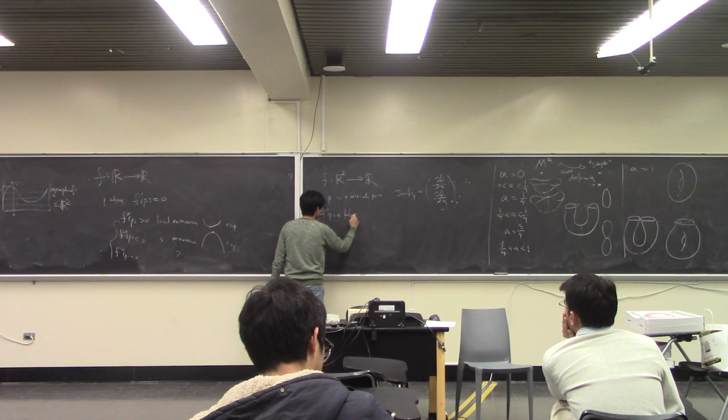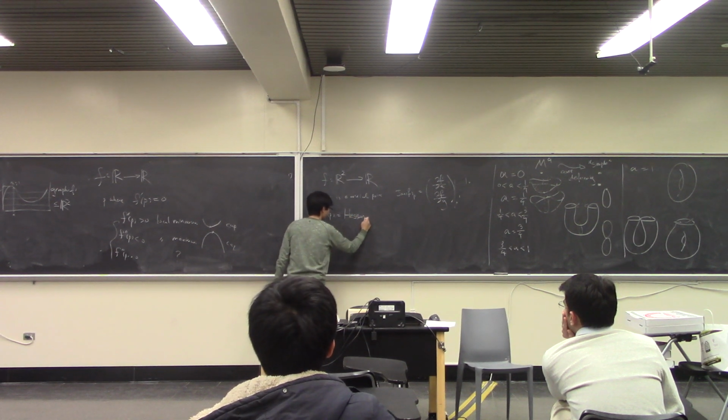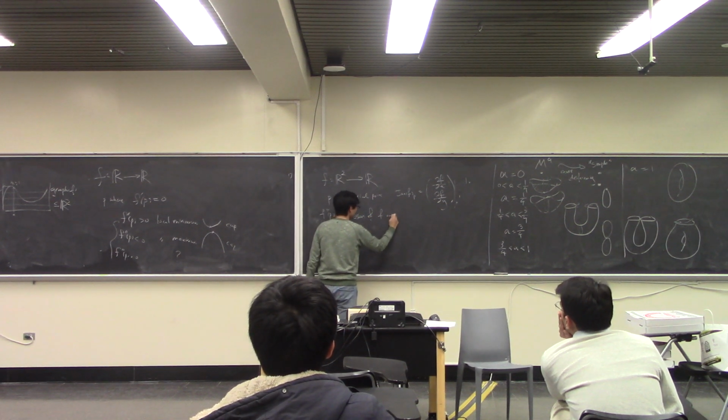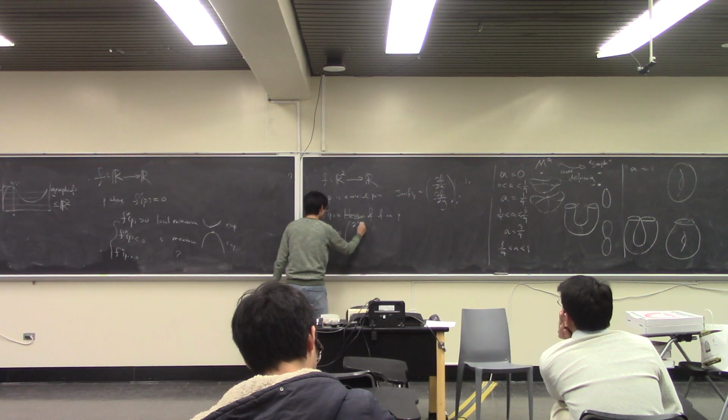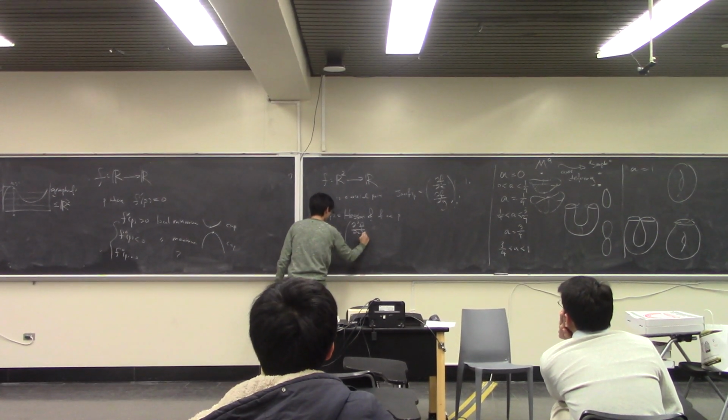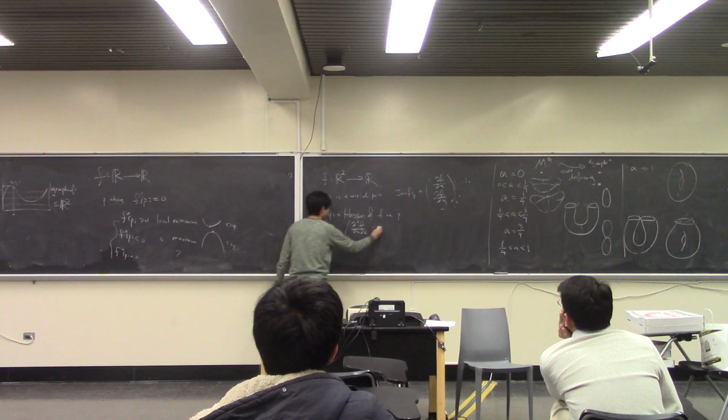Which is called the Hessian. And this is just the matrix with all the entries of second derivatives. So here's the very specific value. This is the second derivative here.